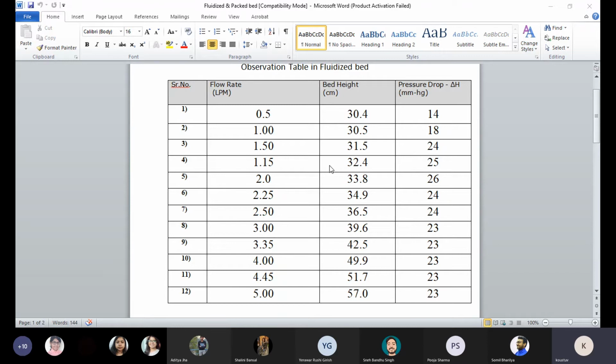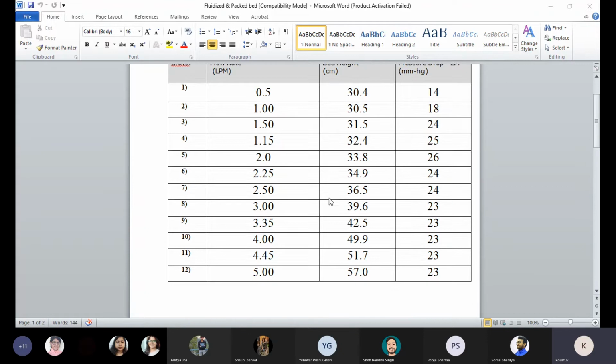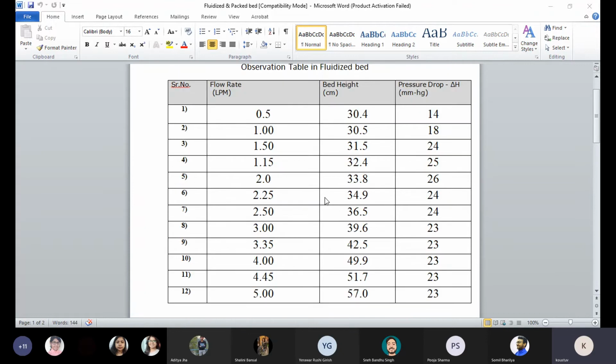You may not be required to use the expressions to calculate VMF, but given the data, you will be identifying from the experimental qualitative plot, as I just explained, the particular flow rate or velocity at which the bed is fluidized or just about to fluidize, so the minimum fluidization conditions. You try to see whether you can do that or not.